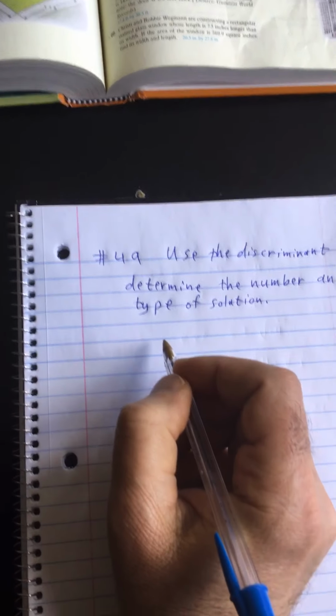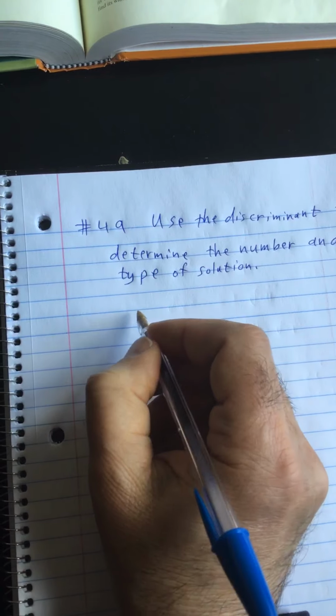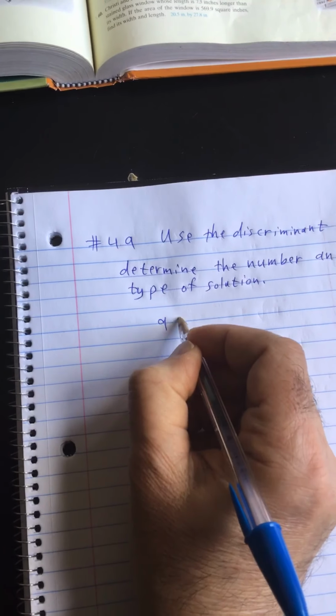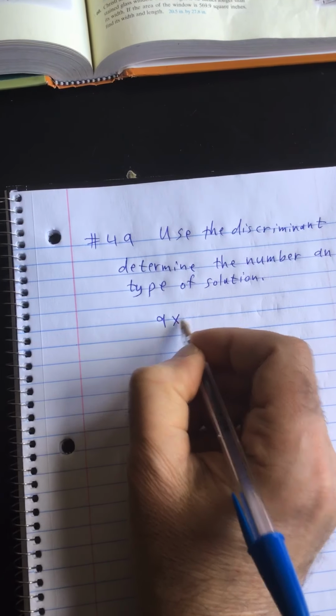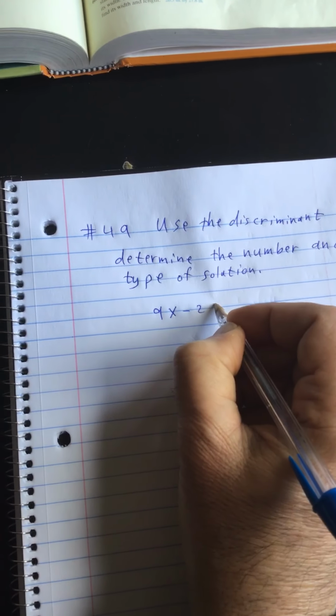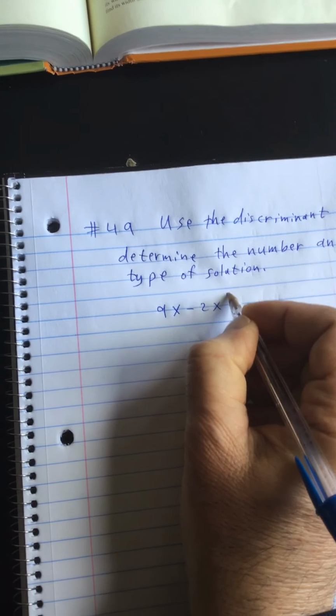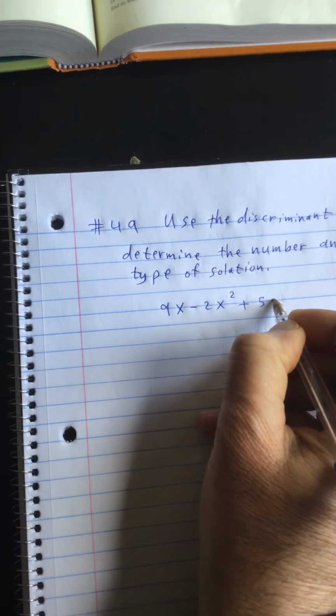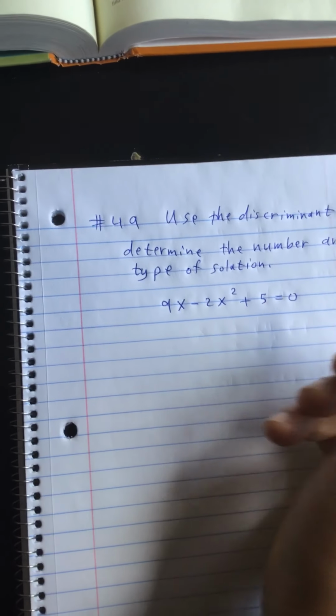So exercise 49 is 9x minus 2x squared plus 5 equals 0.